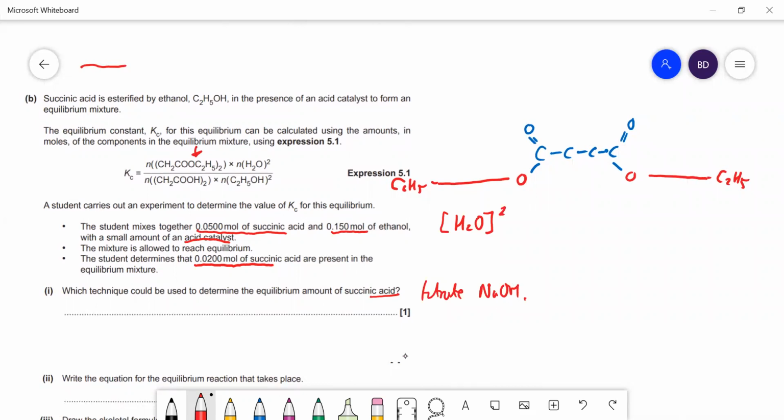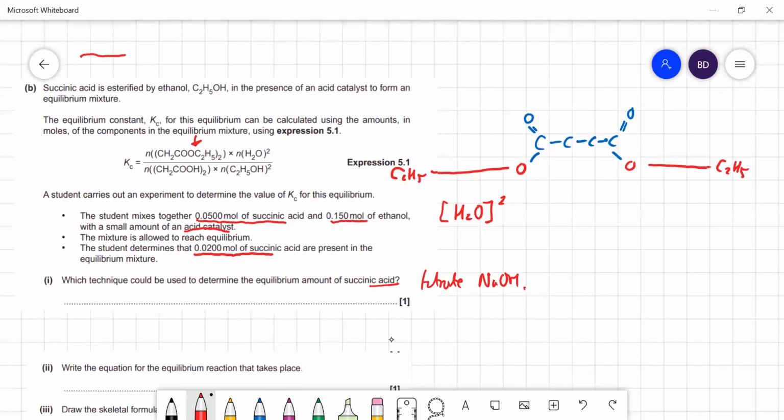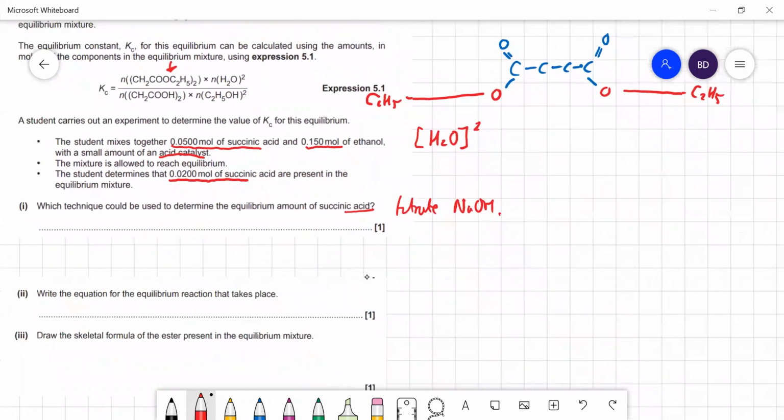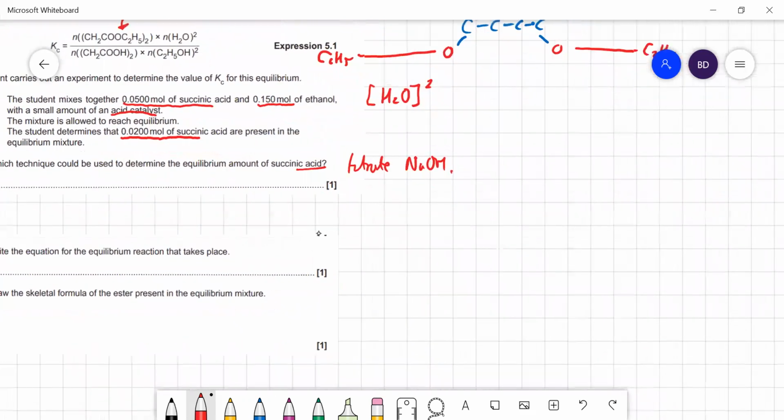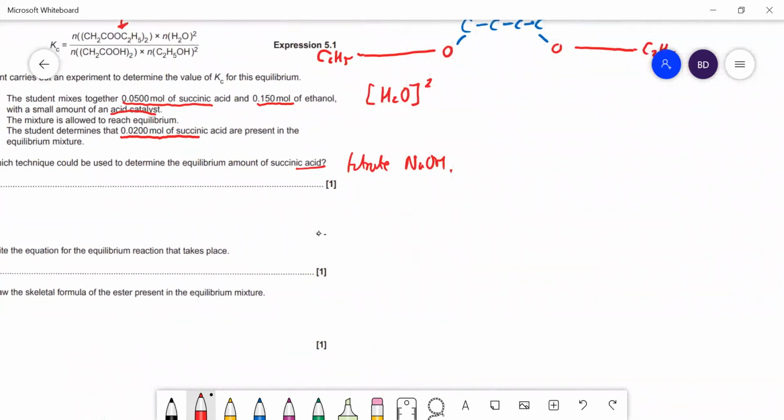Write the equation for the equilibrium reaction that takes place. Okay, right. So I'm going to write it down like this. There's my succinic acid plus 2 ethanols. I've swapped over colors.